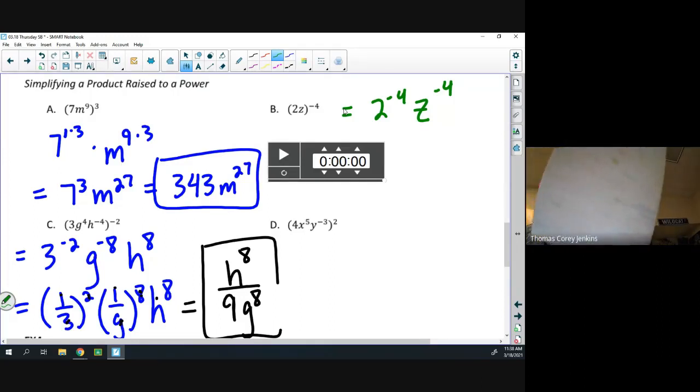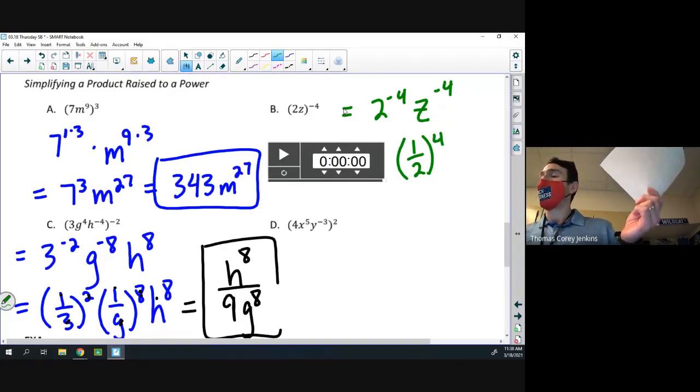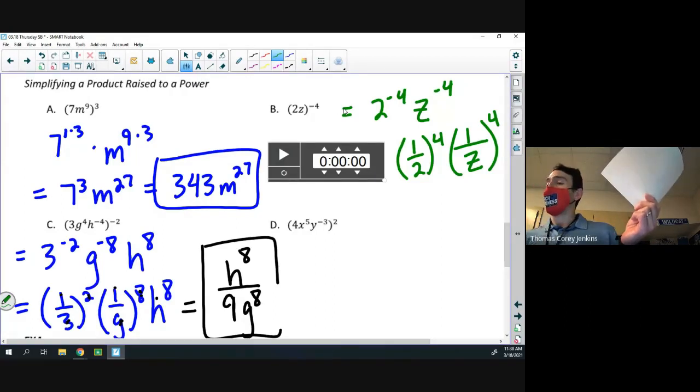Okay. So remember, we want to clean up both of the negatives, right? So we have 1 over 2 raised to the 4th power times 1 over z raised to the 4th power. So altogether, my numerator would just be 1 times 1, which is 1.